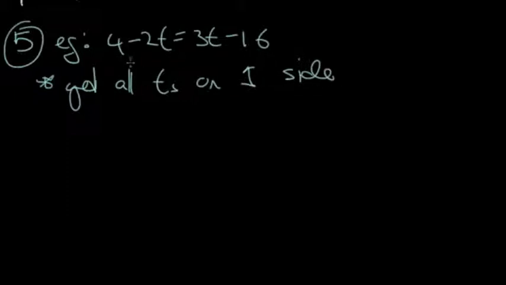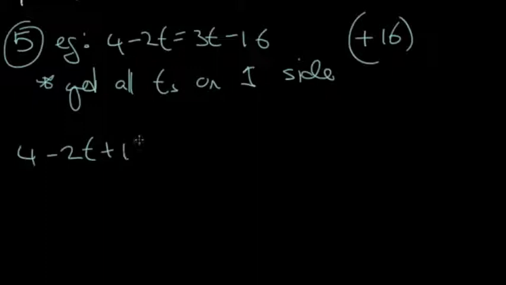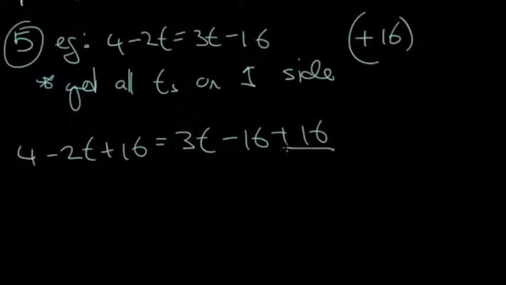And we could do lots of things first. We could try to move these t's over to that side, or those t's over to that side, but we're going to deal with this 16. So first thing we're going to do is add 16 to both sides. If I write this out longhand, we've got 4 minus 2t plus 16 equals 3t minus 16 plus 16.